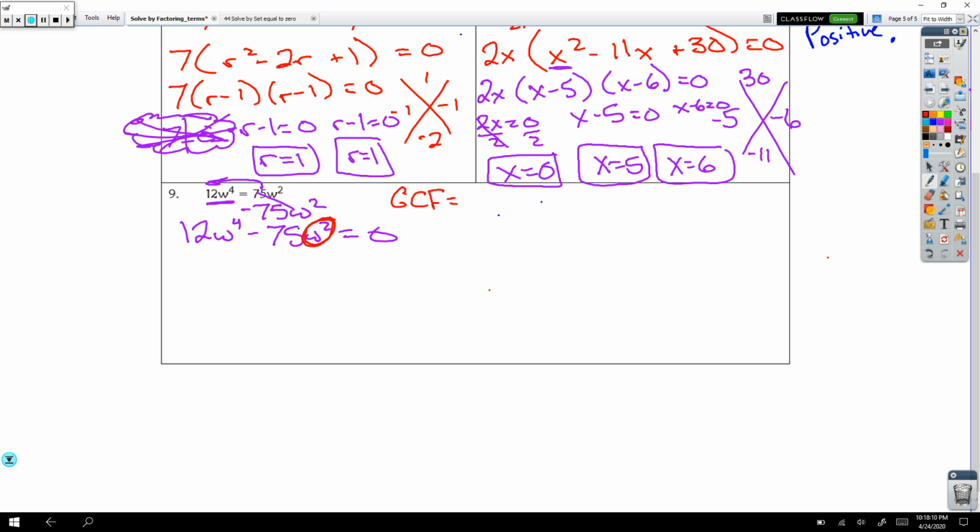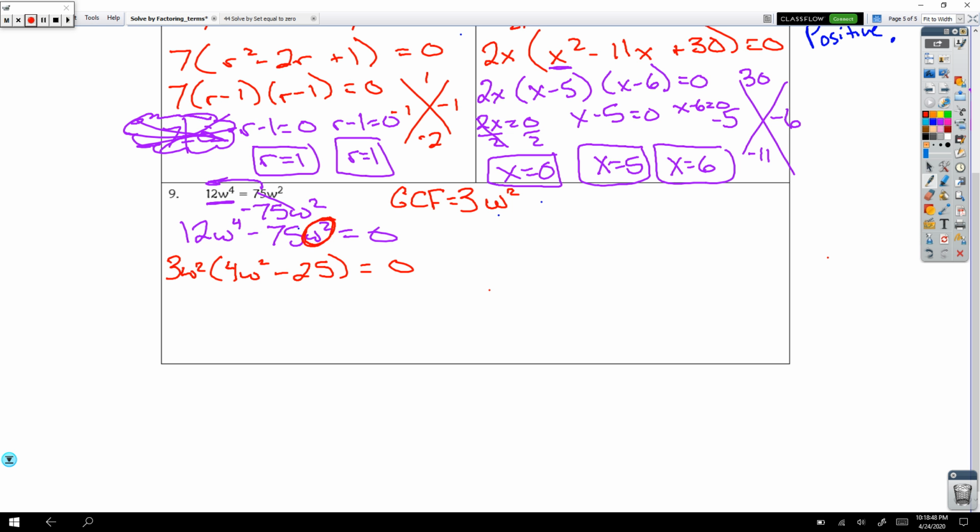So in this case, it would be w squared. And 12 and 75, those are both divisible by 3. Okay, so the largest number they're both divisible by is 3. So that goes up front. Dividing everything by 3w squared, that would leave me with 4w squared minus 25.